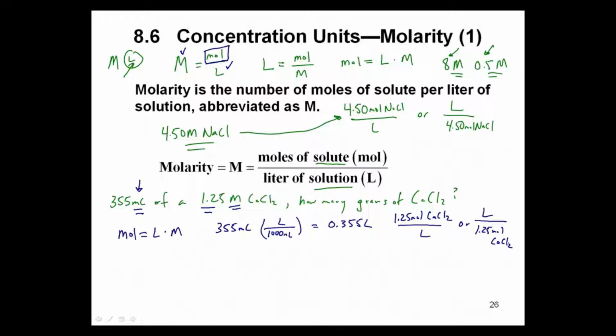You can see all the units, and really you could treat it like a conversion problem. If I started with the 0.355 liters of calcium chloride, liters are on top, which means I want my molarity to be used like this, which is 1.25 moles of calcium chloride over a liter.